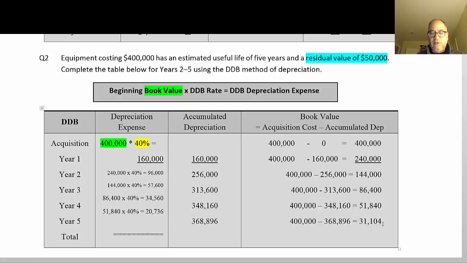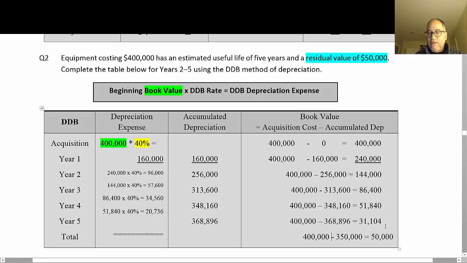So to do this backwards, I would say that I need to have accumulated depreciation of 350,000, because book value should be 50,000 and the original cost was 400,000. In other words, I'm going to work backwards now.